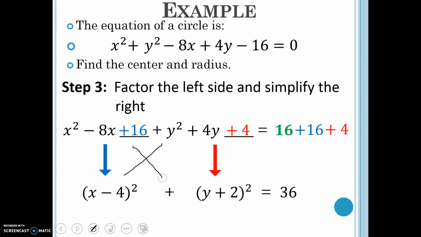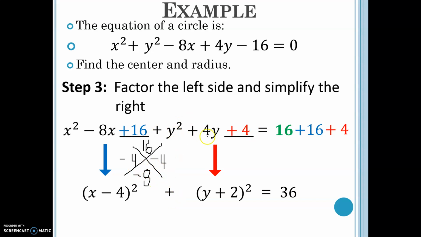It's like doing one of these x factor problems we talked about. 16 on top, negative 8 on bottom, and getting negative 4 2 times. That would give you two factors of x minus 4, which written in a simplified form would be x minus 4 squared. You might also recognize that this is a perfect square trinomial from Algebra 1, which is another topic you learned a while back. But if not, the x factor works just fine.